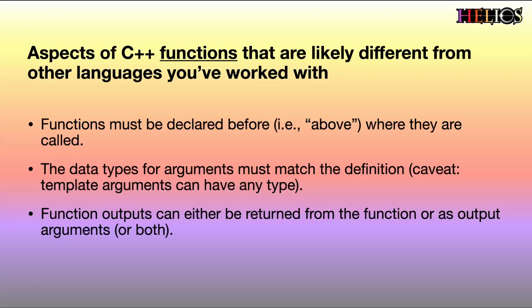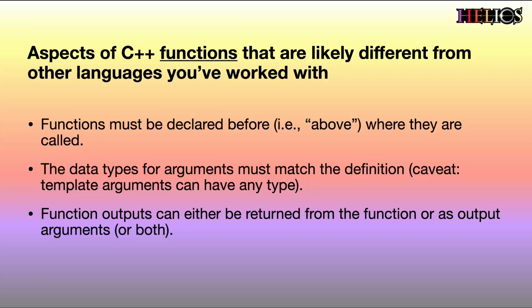Finally, function outputs can either be returned from the function itself or as output arguments, or both. So the function can return a value directly from it, which is maybe how you are used to it in other languages like MATLAB or Python. But you can also have arguments of the function be outputs. They can modify the value of that variable and then pass it back out of the function.